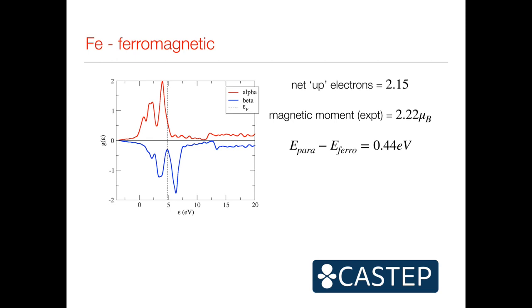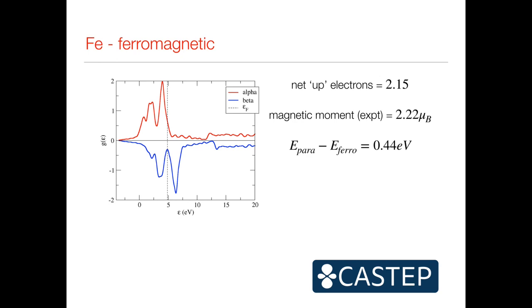The other thing to notice is that, in the Curie approach to paramagnetism and ferromagnetism, when we had localized moments, we always had an integer number of electrons contributing to the magnetic moment. What we found here is a non-integer, 2.15.